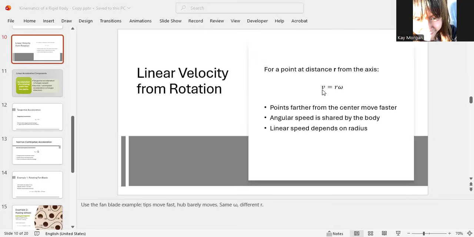Speed and velocity are the same; velocity just has a direction description. Magnitude is the same thing. The shorter the distance of the point in the rigid body, meaning closer to the center, you're going to have a smaller velocity.